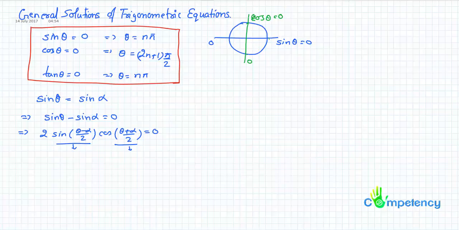So we write them separately and solve them separately, and this we have already seen. Sine of theta 0 means theta is n pi.